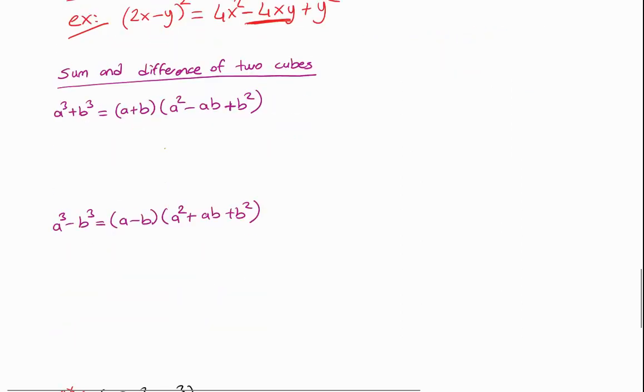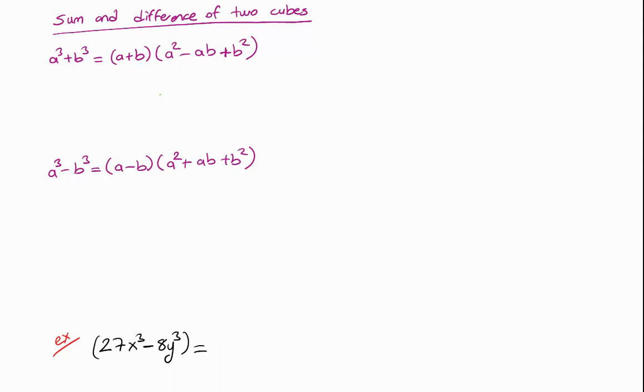Okay, and we have one more special formula, and its name is sum and difference of two cubes. So if I have variables a and b again, a cubed and b cubed, I can factor it like a plus b multiplied by a squared minus ab plus b squared. And similarly, the sign here is negative, so we are looking at these three signs.